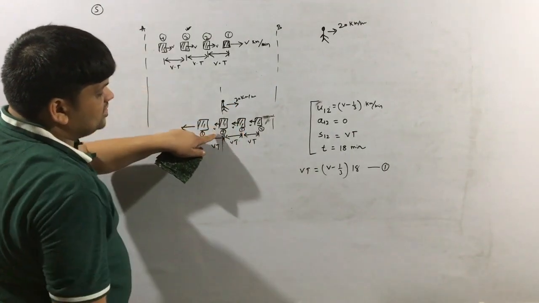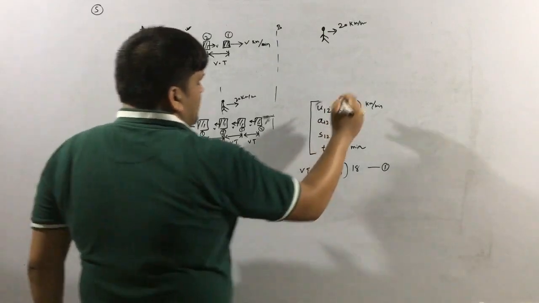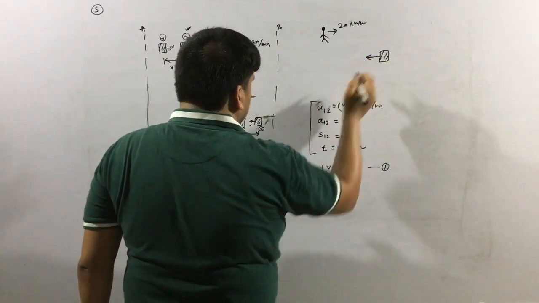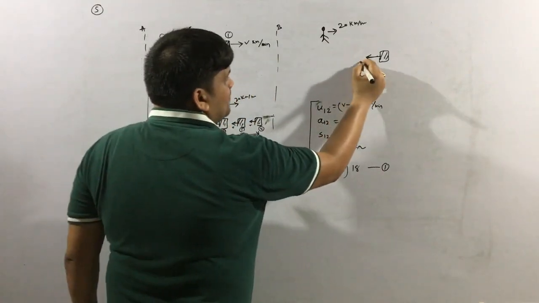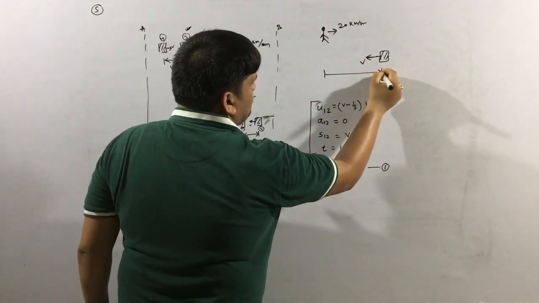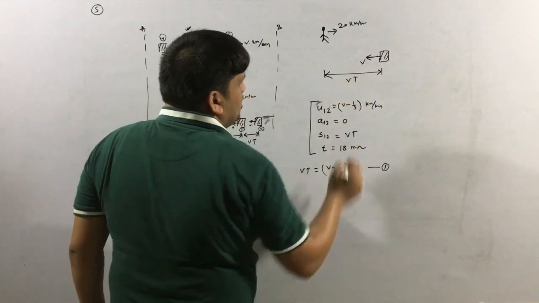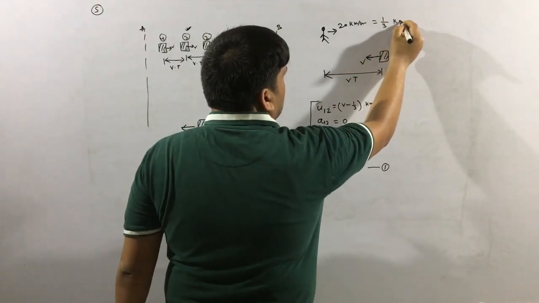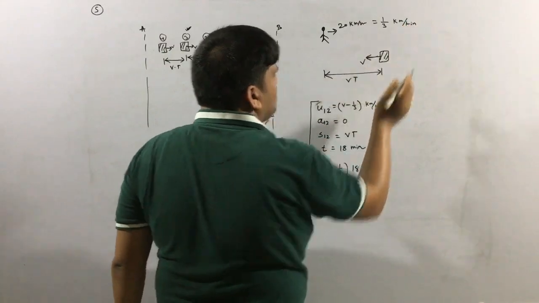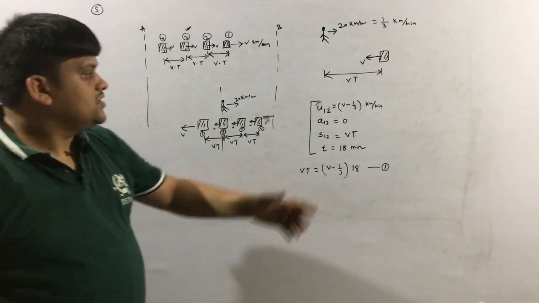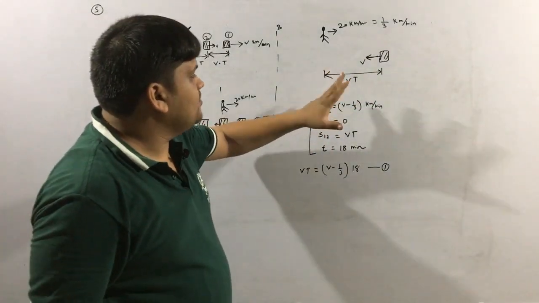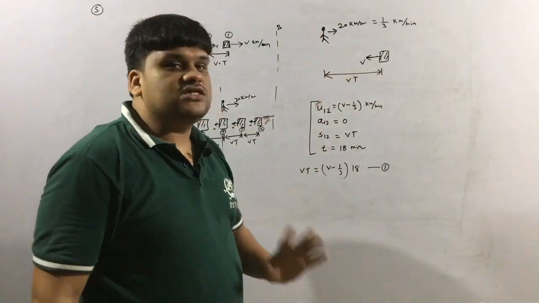We don't have to do anything with this bus. So another bus is here, which is moving along this direction with a speed of v. The distance between them is vt, and the cyclist is going 20 km per hour, means again 1 by 3 km per minute, and the distance is v into t, and the time taken for this meeting is 6 minutes.